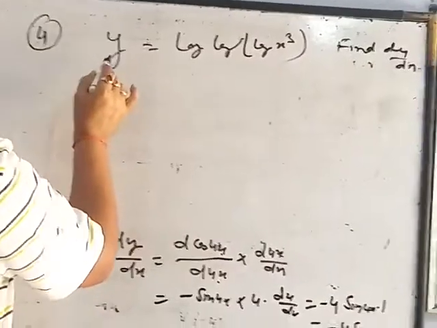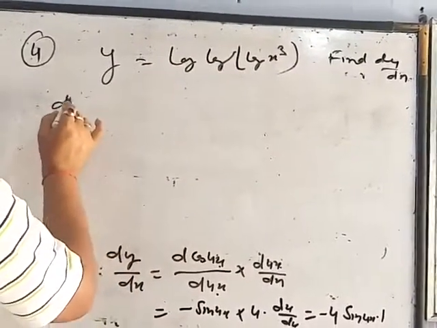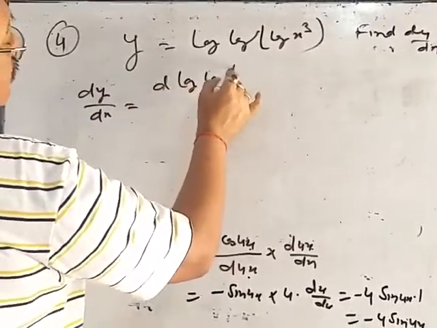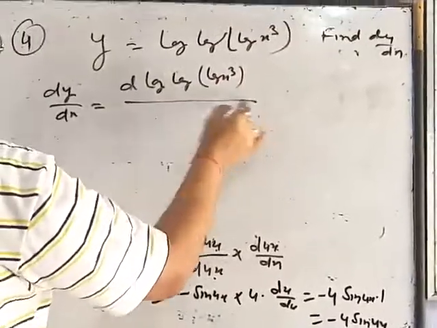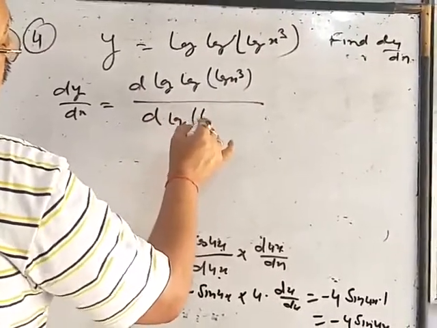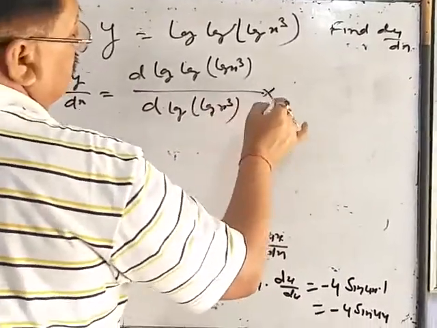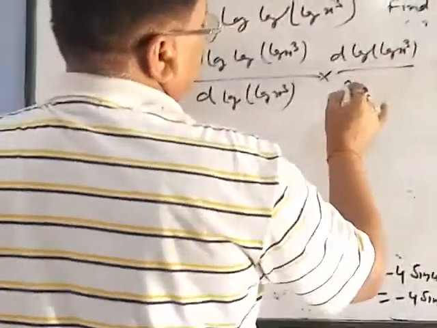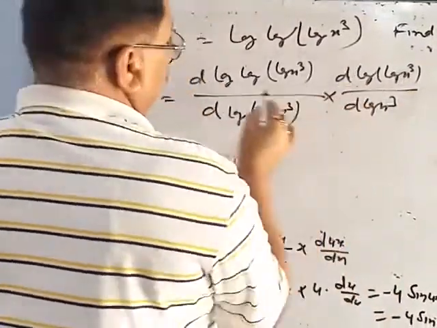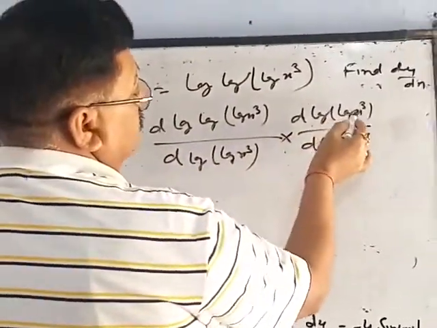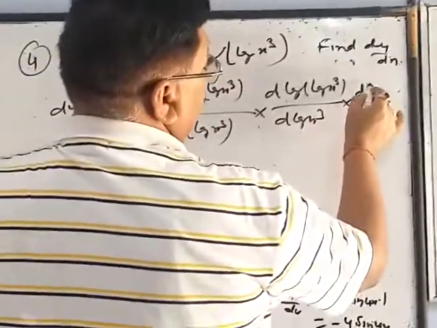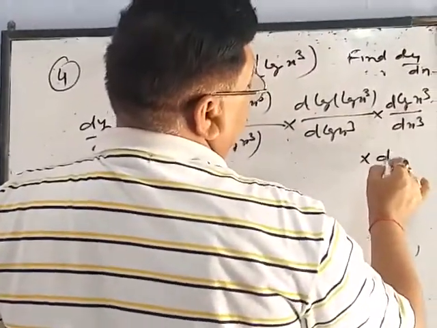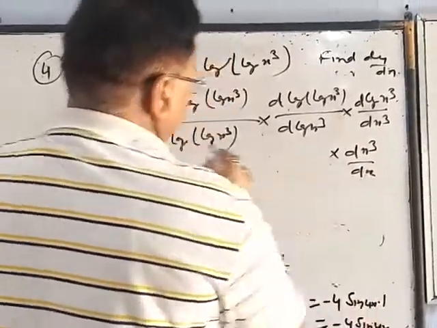So this depends upon this, so dy by dx is d log x cube by d x cube, and d x cube by dx. It depends upon this, and this depends upon this. This is the chain rule.